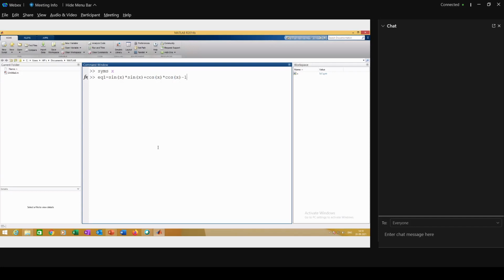So this is my equation, and then I can solve it using solve. I got x is equal to 0.